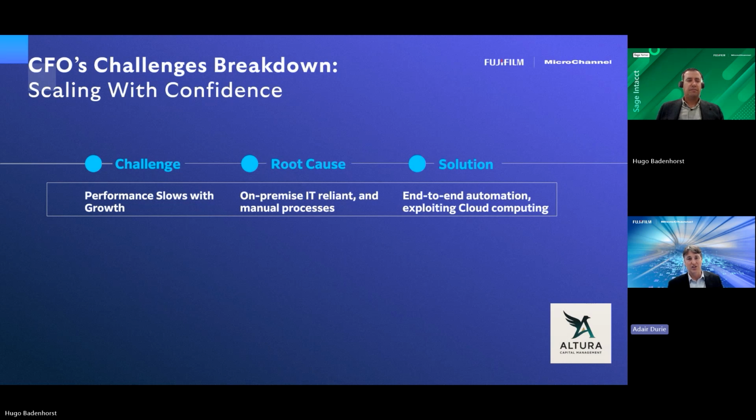The customization has stopped the agility in the business, they can't change it, and again, that's preventing growth. So the typical way that an ERP system, a finance system like Sage Intacct, handles this is by end-to-end automation with best-of-breed functionality, and fundamentally by exploiting cloud computing. So please take us through how Intacct does this, Hugo.